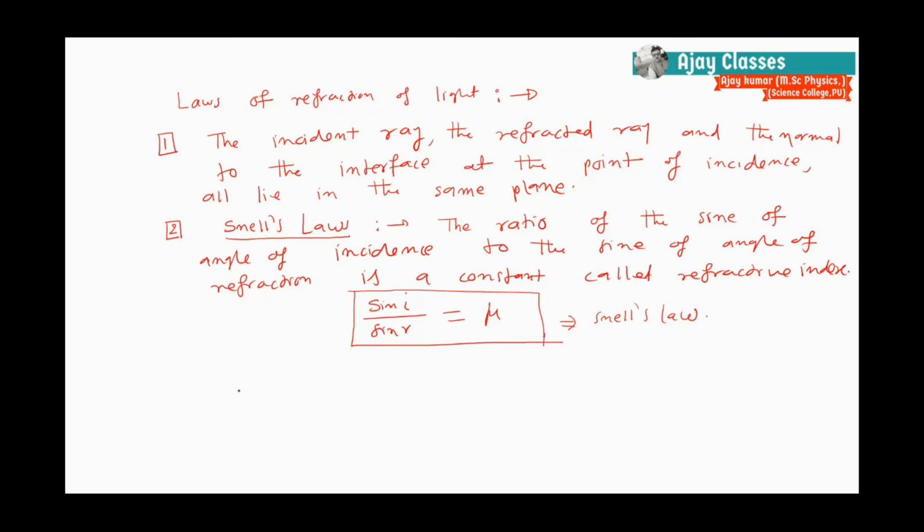Now we can also rewrite the term mu, the refractive index. If the ray of light is in the rarer medium, how do we write mu with sin I and mu with sin R, both constant? Suppose mu1 is the refractive index of the rarer or first medium, and I1 is the angle of incidence in the first medium.